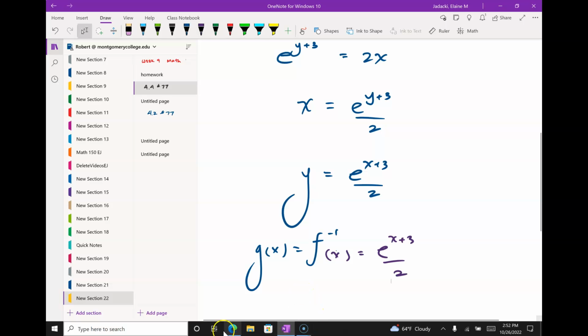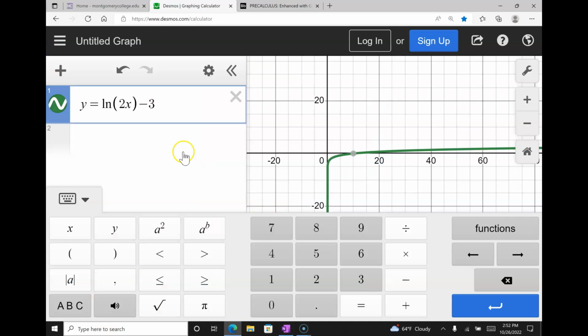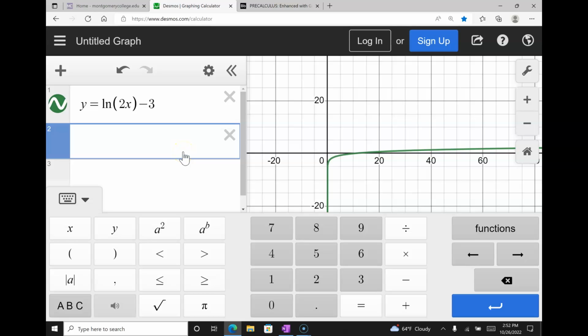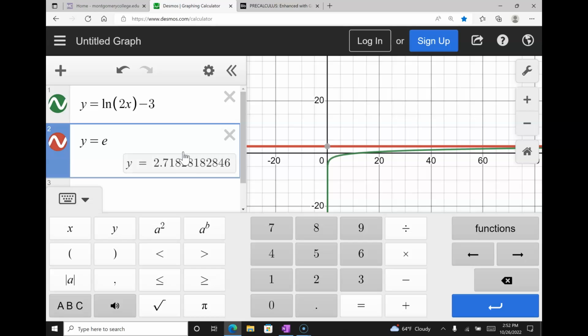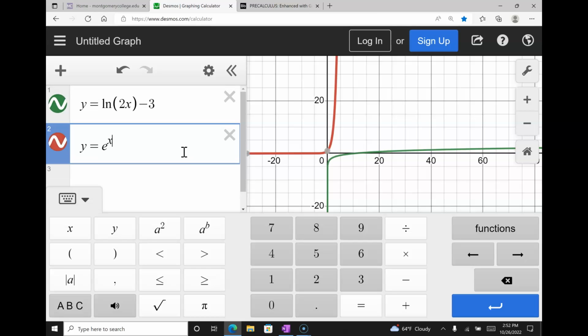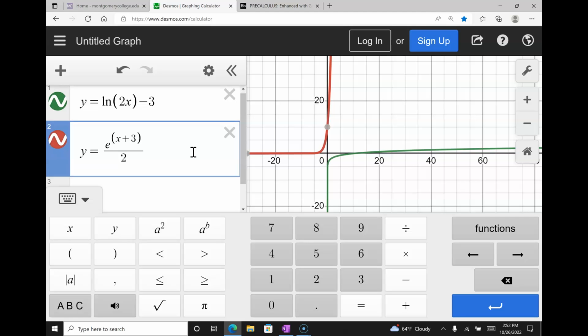So let's graph it. E raised to the x plus 3, all divided by 2.